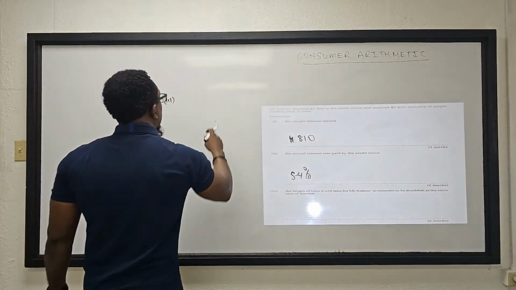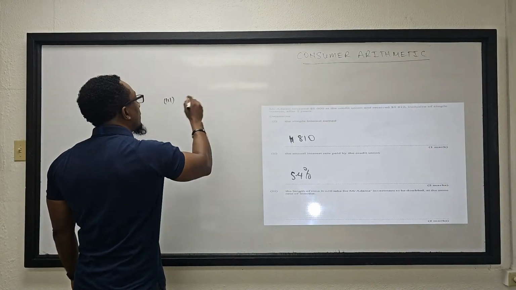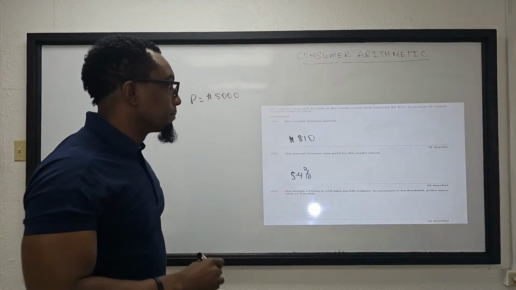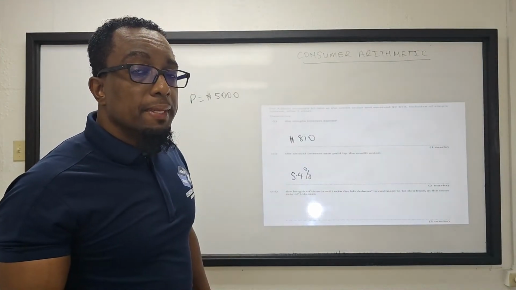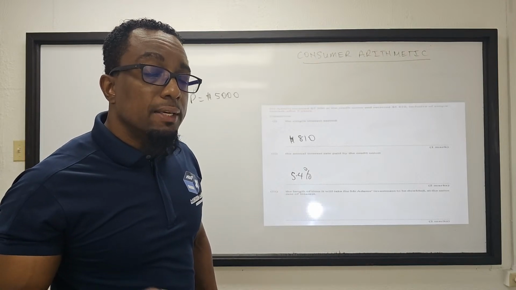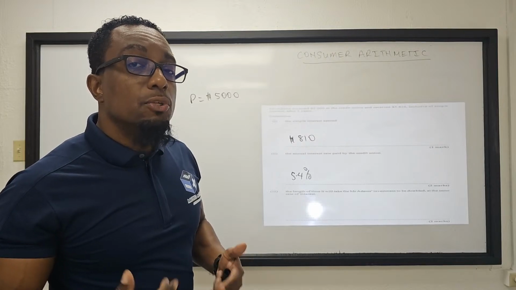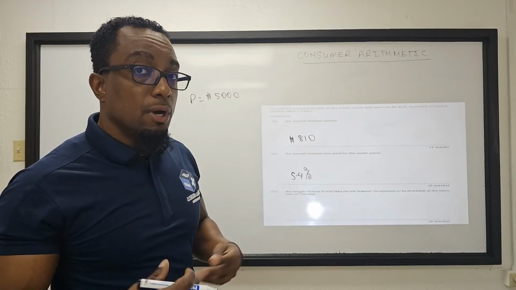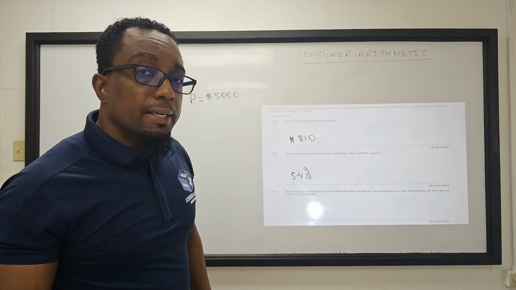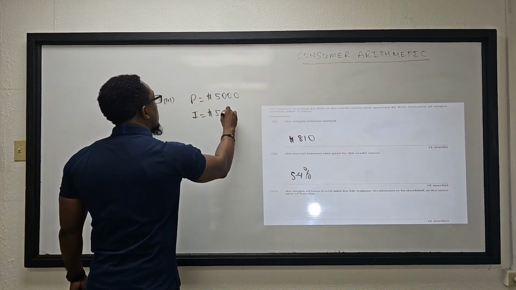Of course, we know that the principal is 5,000. If it doubles, it means it will move to 10,000. To move from 5 to 10, it means obviously 5,000 had to be added to it, right? To make it double. And therefore, the interest is $5,000.